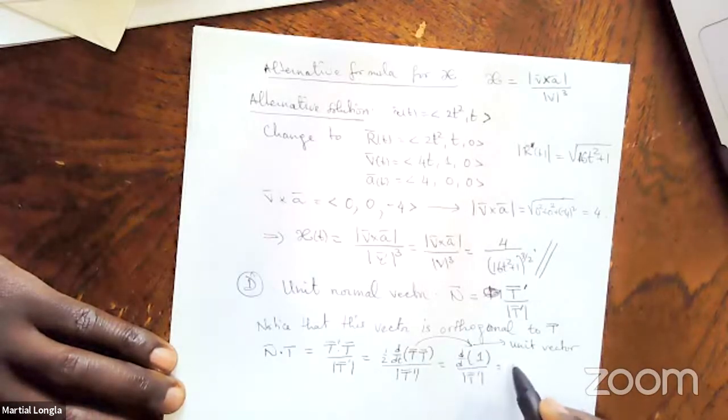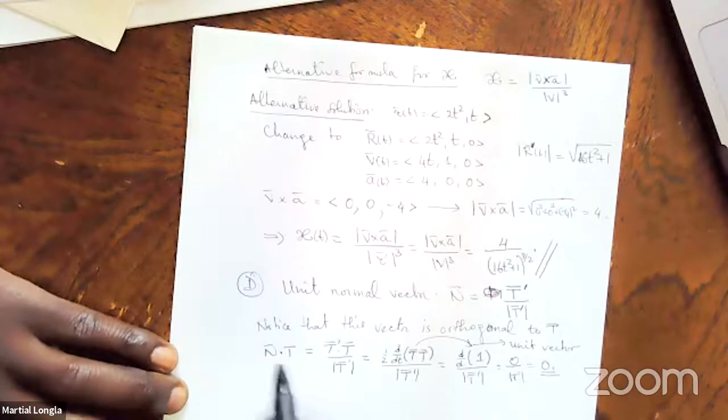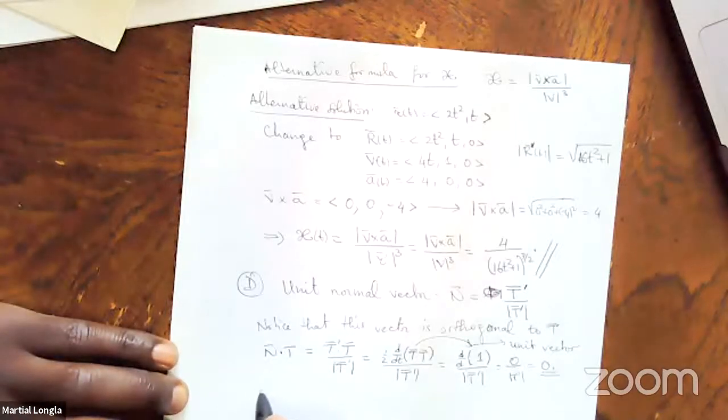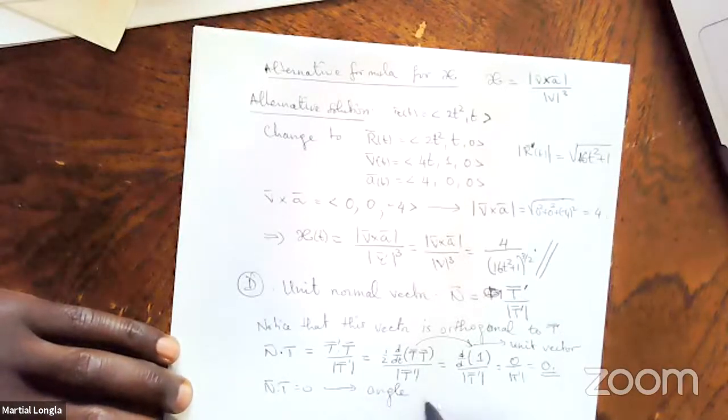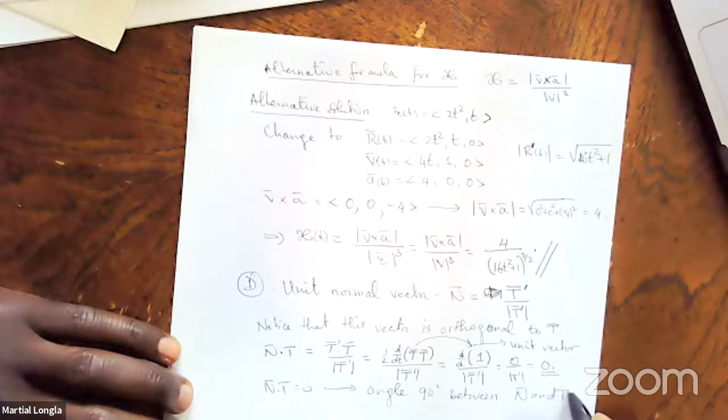And derivative of 1 is 0. So that's why n dot t equals 0. That implies you have an angle of 90 degrees between n and t.